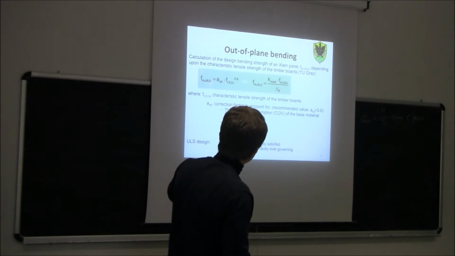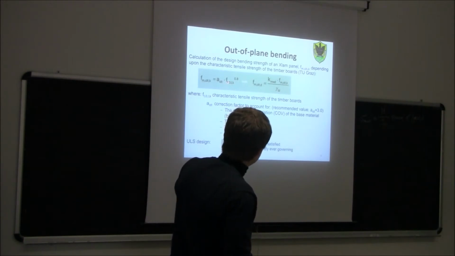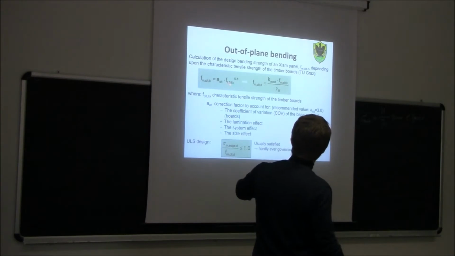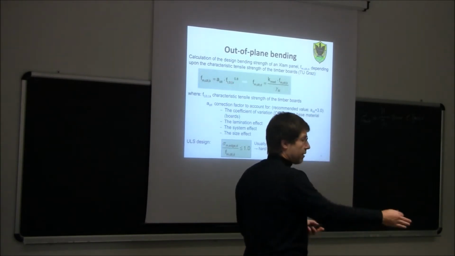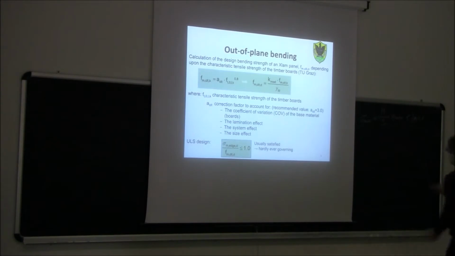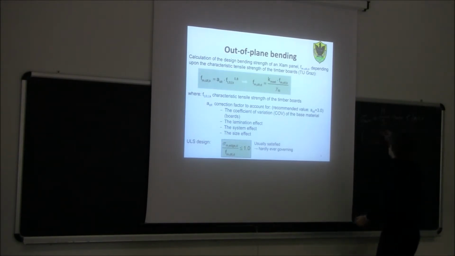So the characteristic bending strength of cross-laminated timber will depend, you see here, on this quantity f_t,0,l,k, which means characteristic tensile strength of the plank parallel to the grain. So as we said before, if this is my cross-laminated timber cross-section, here we have some laminations, some boards. Here we have the distribution of stresses.